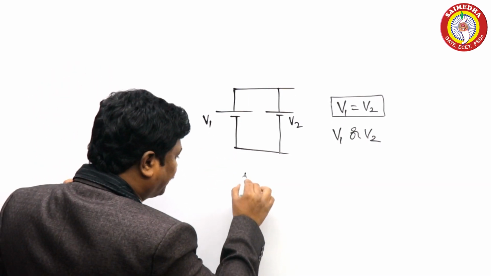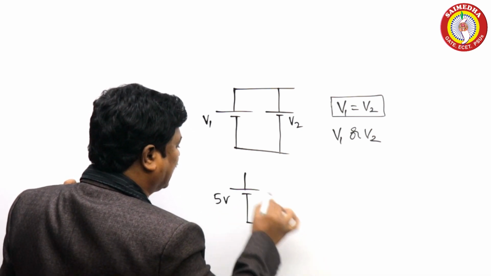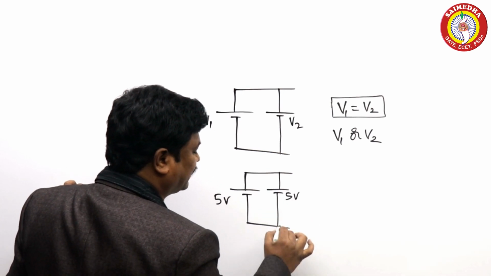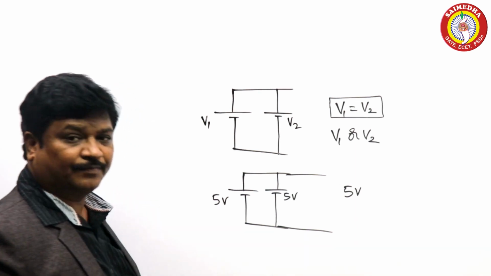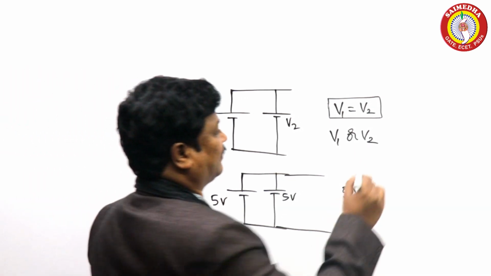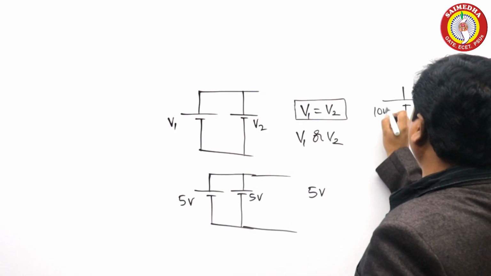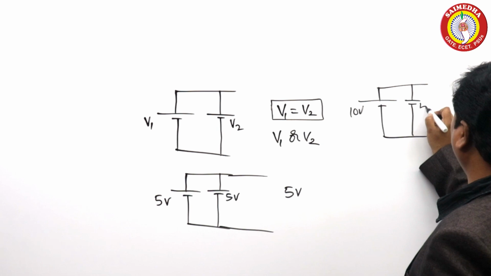For example, you can have 5 volts here, another voltage source here, also 5 volts. Then the net voltage is 5 volts only. If it is not like that, for example, this is 10 volts here and 5 volts here.